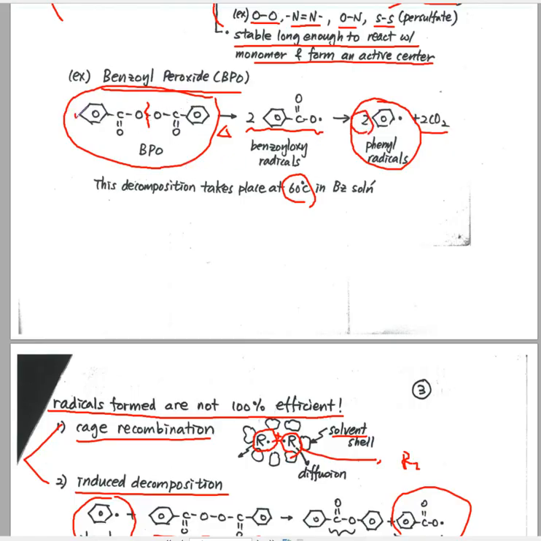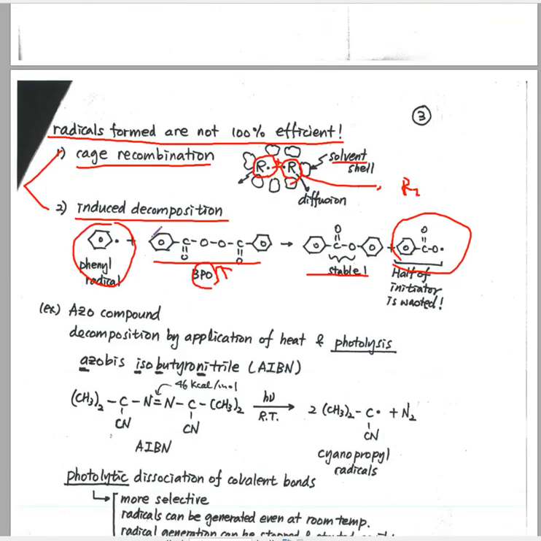But here, we have 1 initiator, but could only make 1 radical. It's kind of a waste of initiator, right? So because of these 2 mechanisms, radicals are not 100% efficient. So we need to consider the efficiency of radicals.